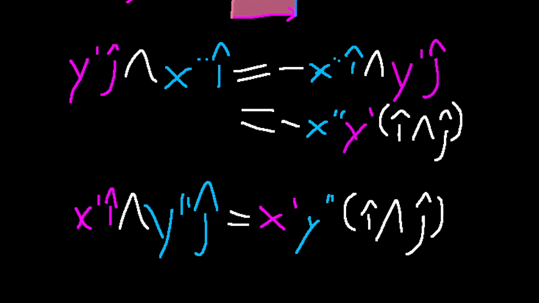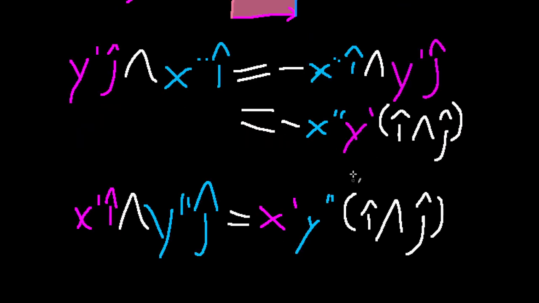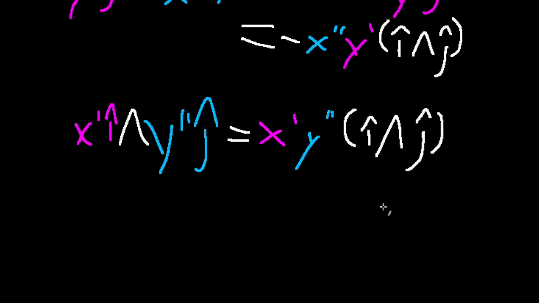Okay, so now if we look here and up here, the same factor of i hat wedge j hat appears in both of these. So what we can do is add these together, because originally we were adding these two terms together.